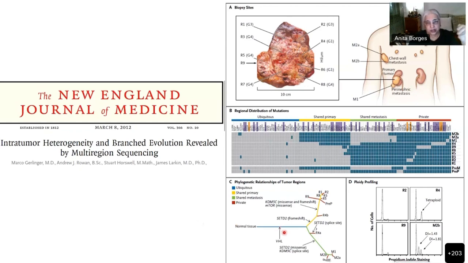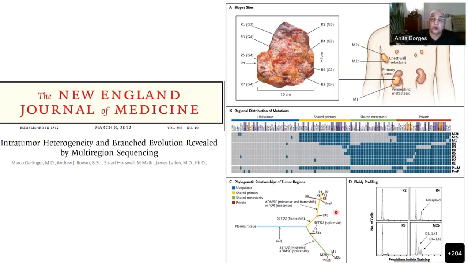So it starts out by some kind of driver mutation, and slowly there is branched evolution. And in the end, you may get either a metastatic tumor, here you see the M part, or different parts, because this is a renal cell carcinoma, so it's R1, R2, R8. I think they took 8 different bits from this renal cell carcinoma.